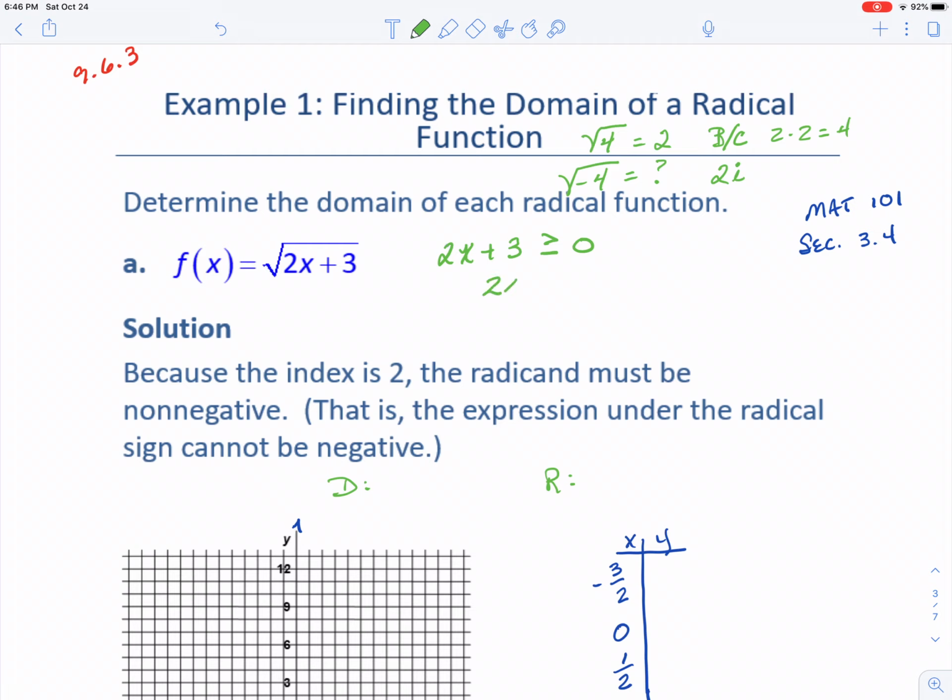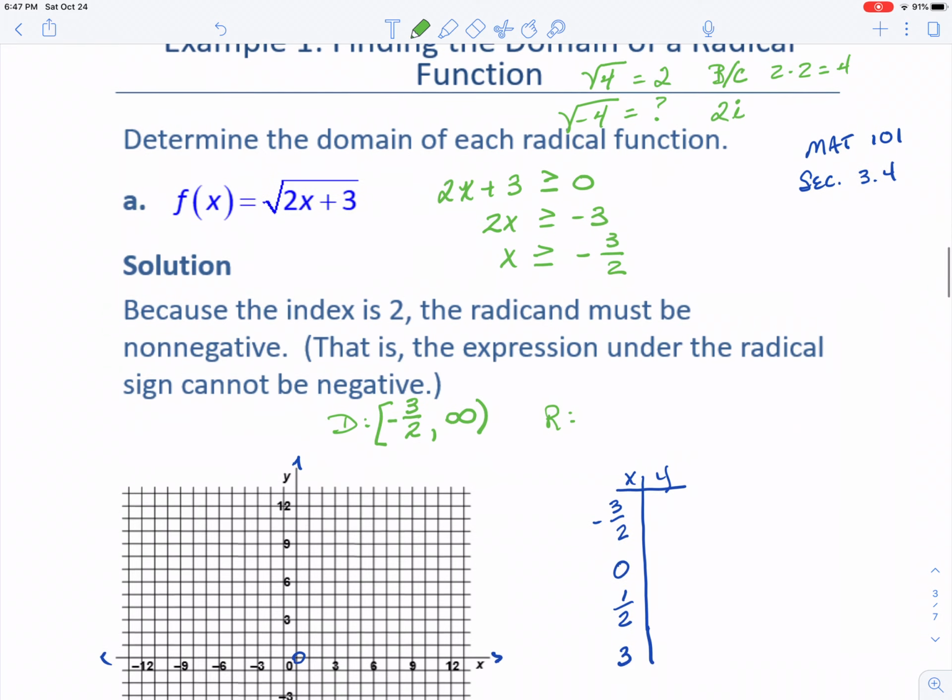Now, if you've forgotten how to solve inequalities, again, you can go back to the playlist in Math 101 on my same site and look at how to solve inequalities. All right, so this identifies the domain for me. This tells me that the x values must be greater than or equal to negative 3/2. So that's going to be the low end. And then I already know this is going to go out to infinity.